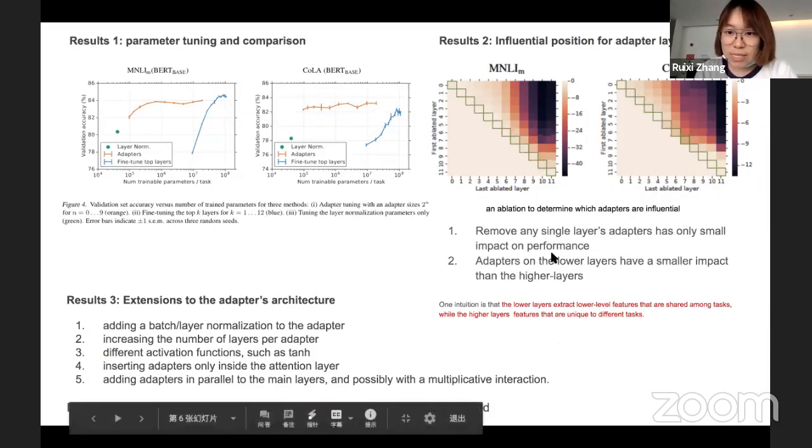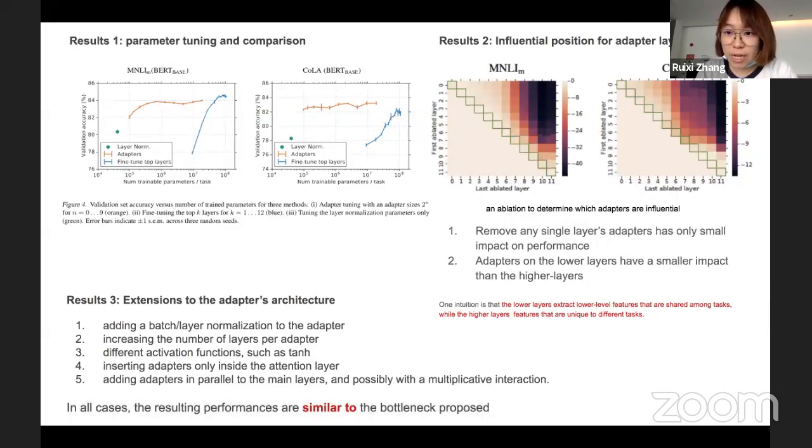The second result is that we're trying to find the influential positions for the adapter layers. Here the x-axis is the last ablated layer, and the y-axis is the first ablated layer.